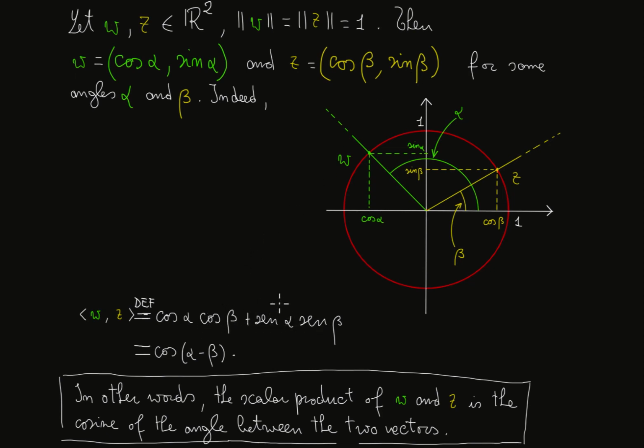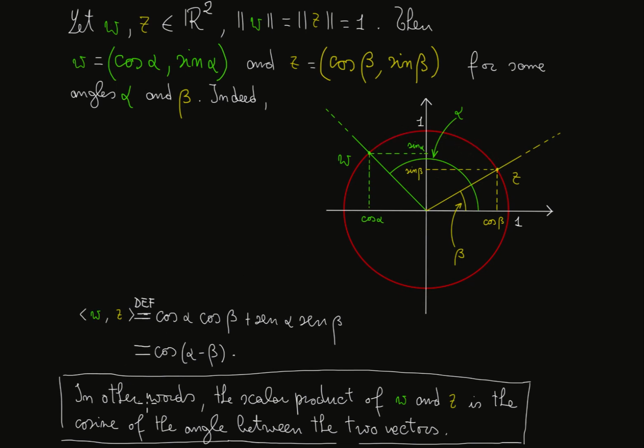But by the well-known trigonometric formula, this is precisely equal to the cosine of alpha minus beta. So this new angle, alpha minus beta, corresponds to this length from Z to W.